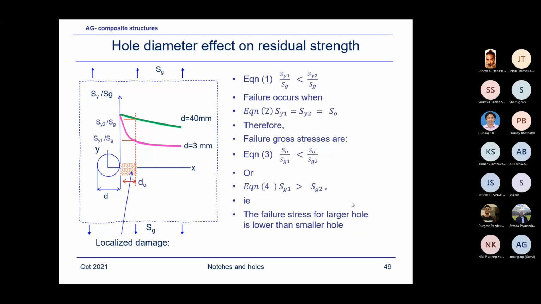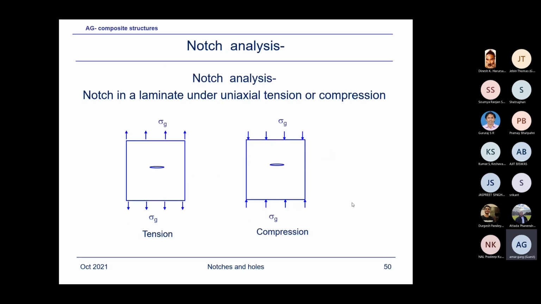Now a similar analysis we will carry out for the notches, like sharp cracks in the laminate, using the point stress. Another approach is the Mar-Lin approach, which is very common. Based on this, again, are there any questions? Or shall I continue?